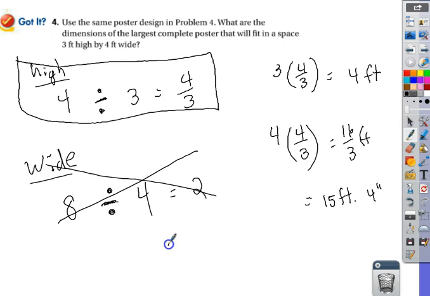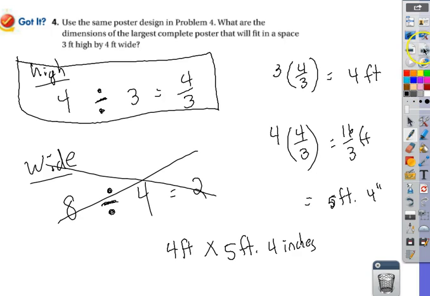So my dimensions are 4 feet by... 15 seems a lot. How about 5? How about 5 feet 4 inches? There's your poster dimensions.